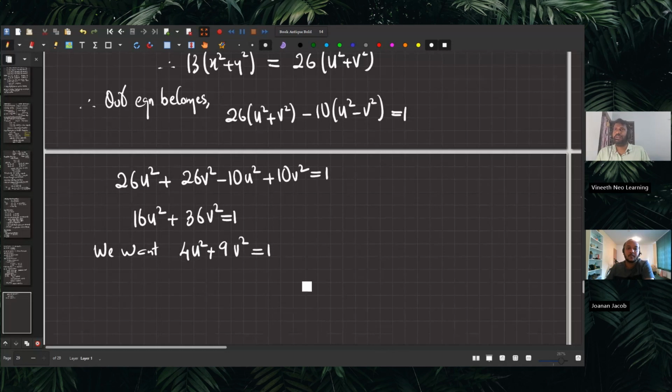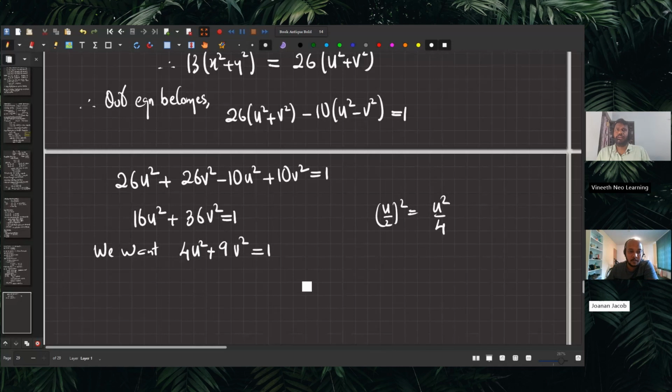So what if u was u by 2 and v was v by 2? Because if u was u by 2, when you square we get u squared by 4.